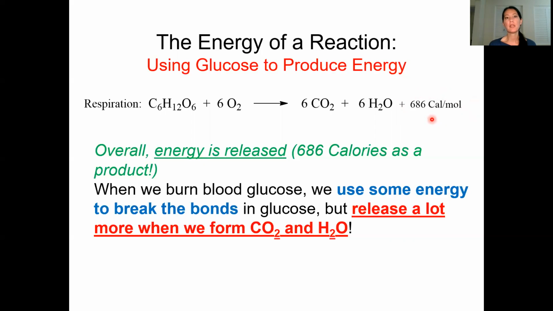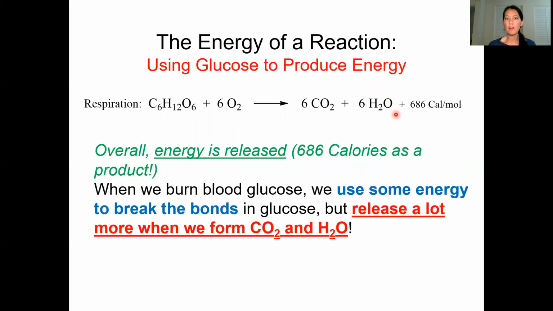So what that means is energy is released. So overall, in the combustion of glucose, which is respiration, energy is released. When we burn blood glucose, we use some energy to break the bonds of glucose and some O2, but then we reform new bonds in making these new compounds.